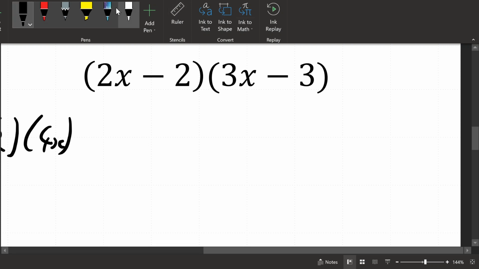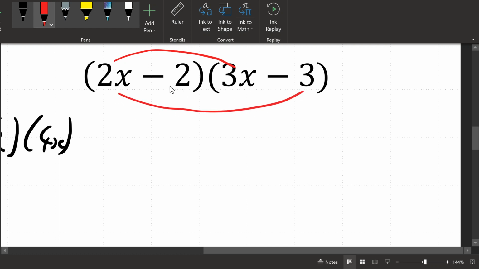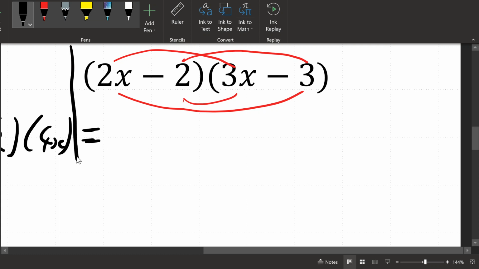So again, we are doing 2x by 3x, 2x by minus 3. We've got minus 2 by 3x and minus 2 by minus 3. Remember, this is a negative number. This is a positive number, so you need to keep an eye on this, okay? So I'm just going to draw a little line along here just to indicate, okay, these are separate.